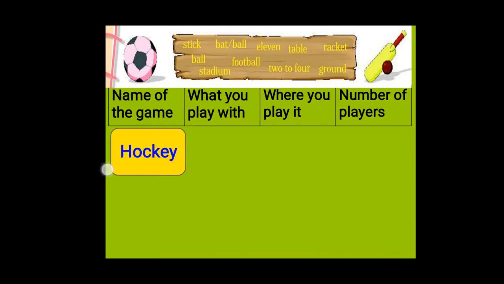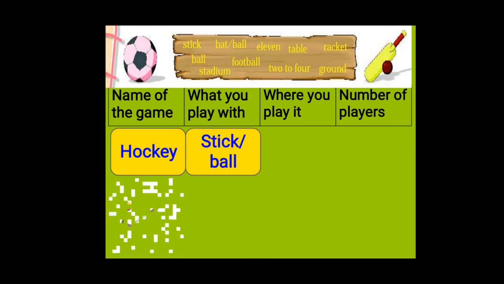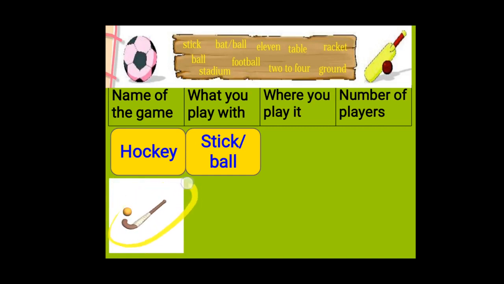Next, hockey. Our next game is hockey. So what you play with? What are the things with which you play hockey? Stick, ball, stadium, football, 11, table, 2 to 4, ground, racket. Which can be the correct answer? Correct answer is stick and ball. You play hockey with hockey stick and ball. This is how the hockey stick looks like.